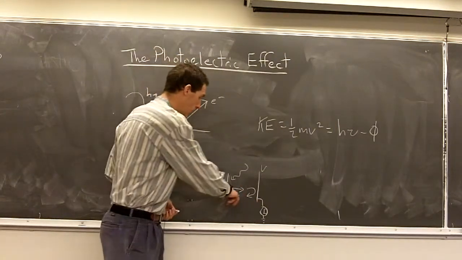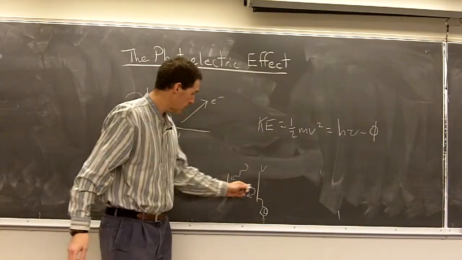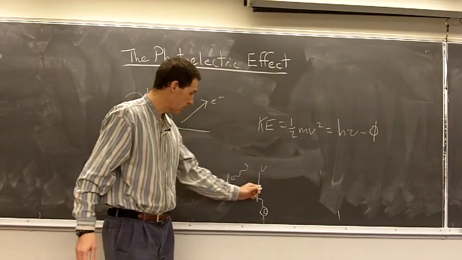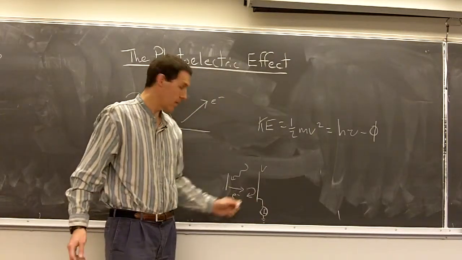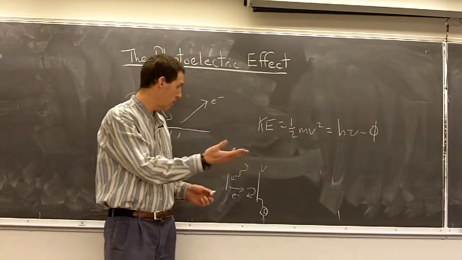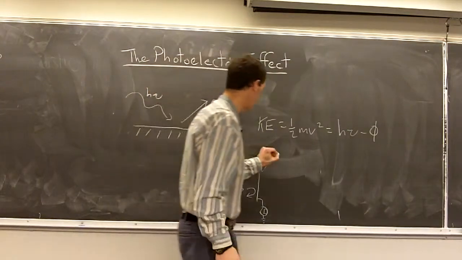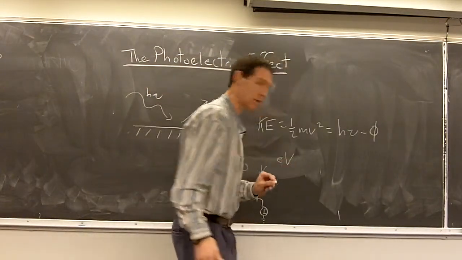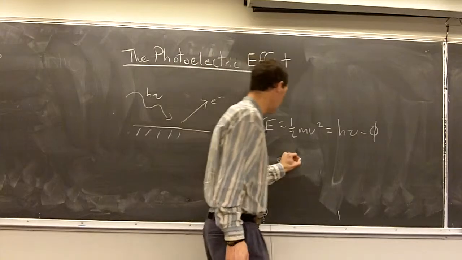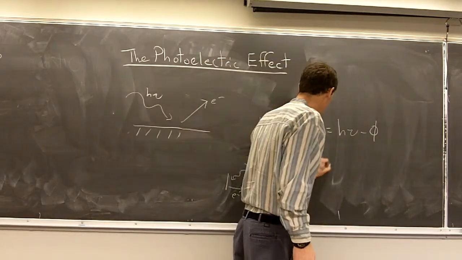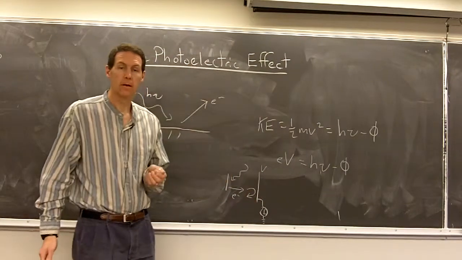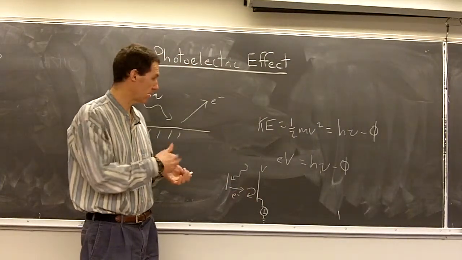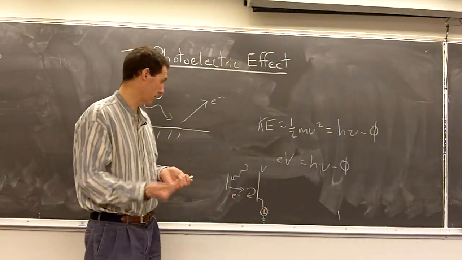At that point, you have the potential energy across this gap equal to the kinetic energy of the electrons coming off. So you get the charge on the electron times the voltage is equal to the kinetic energy, which is equal to the energy of the photon minus the work function.